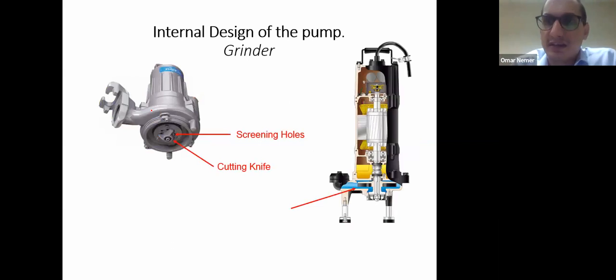What about the grinder? We are spending part of the pump's energy in cutting, right? We are using part of the energy in cutting, so definitely part of the energy is wasted in grinding. And behind the grinder there are screen holes, which also create some resistance.